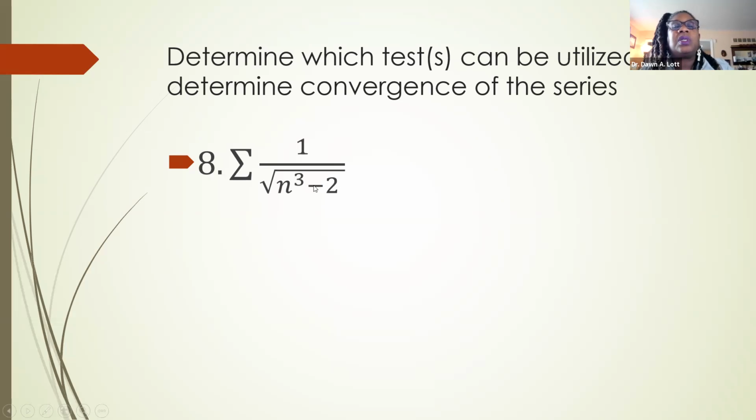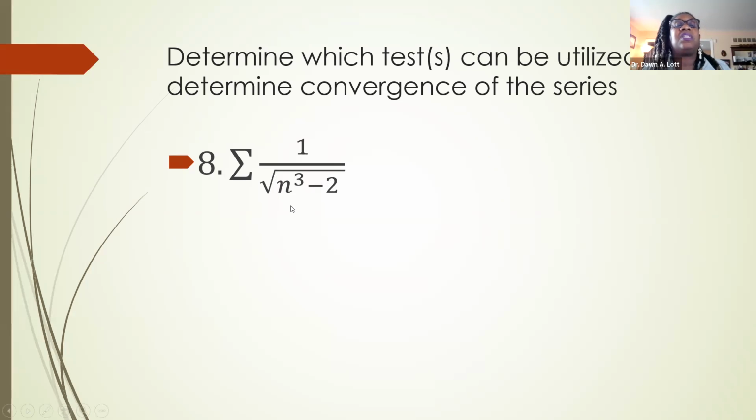If the -2 were not there, what would it look like? It would be a P series, where P is equal to what? 3. Well, the square root is raised to the 1/2 power.